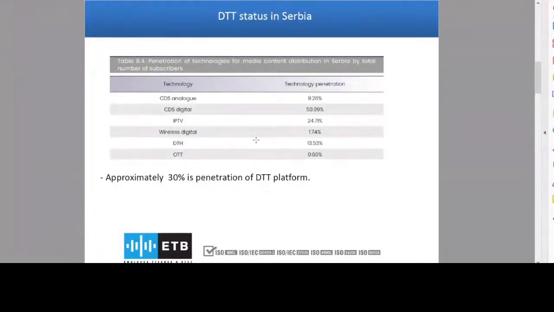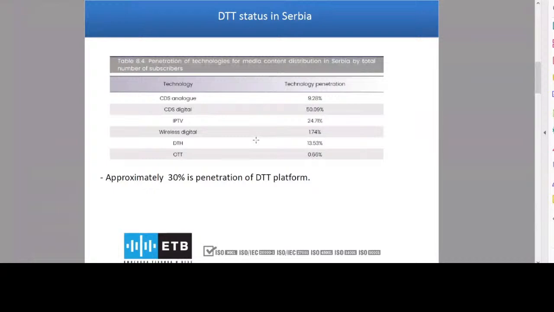You can see on the slide that cable is the dominated platform for distribution of the content, but we also should keep in mind that the cable distribution of the media content is bundled with other services as internet, so that's the reason why cable is dominated in our market.